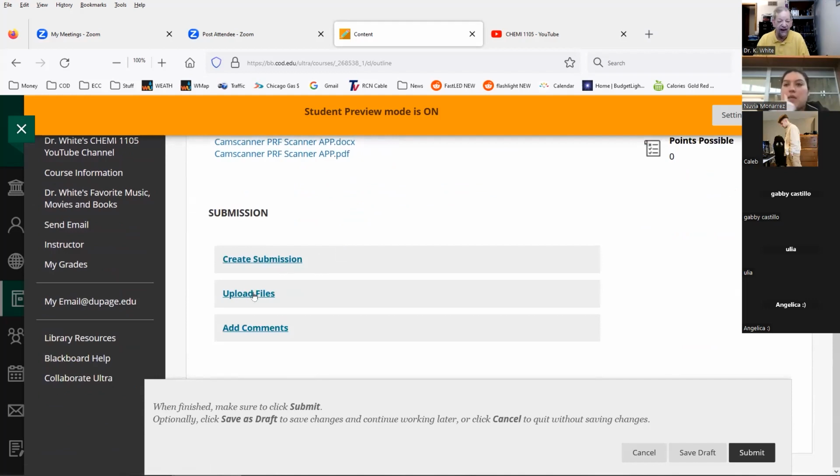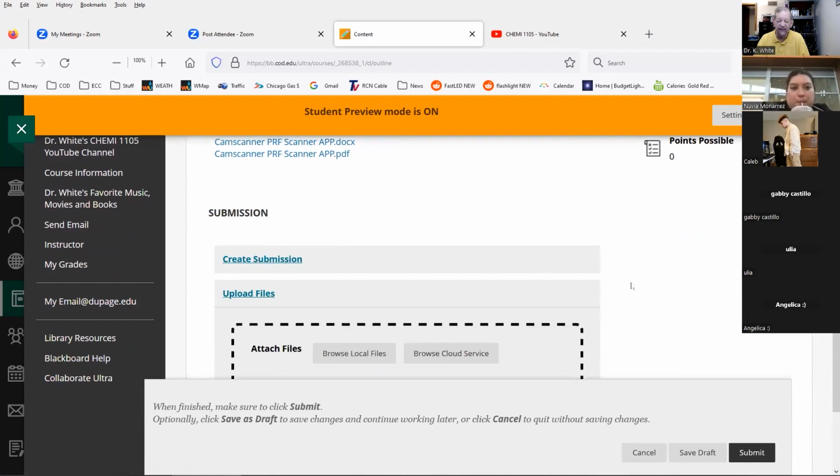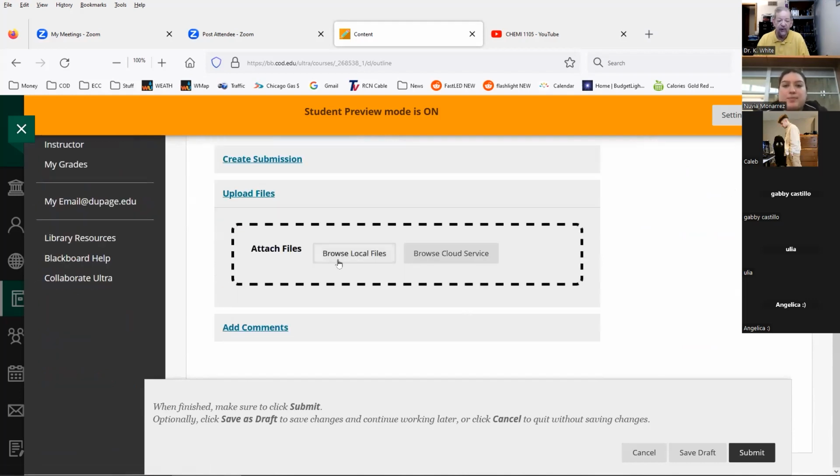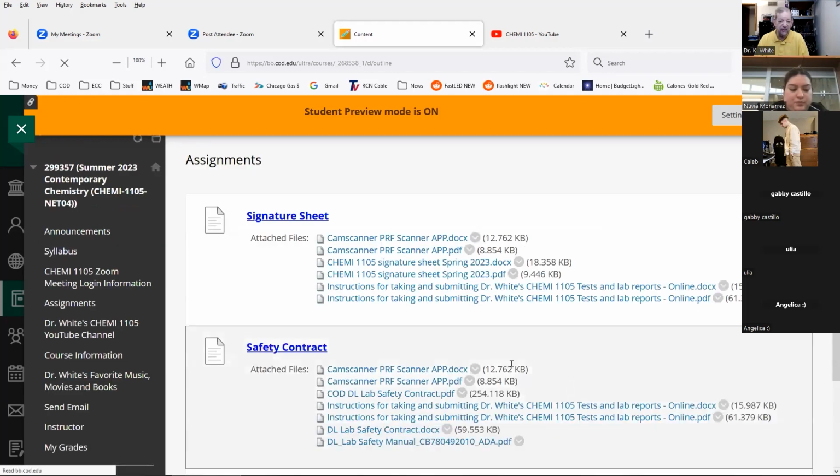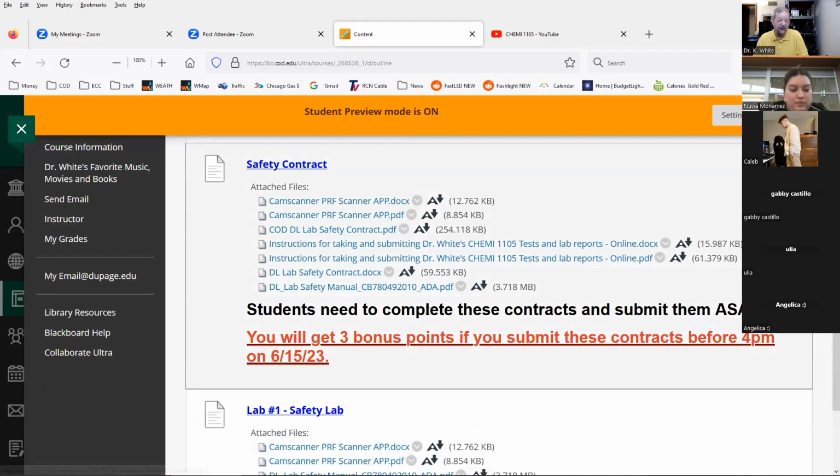Then you click on upload file. From your computer, you'd click on browse local files and you'd pick that file. And then at the lower right-hand, you see submit. I'm not going to submit anything because I'm the instructor. But let's look at the next thing.